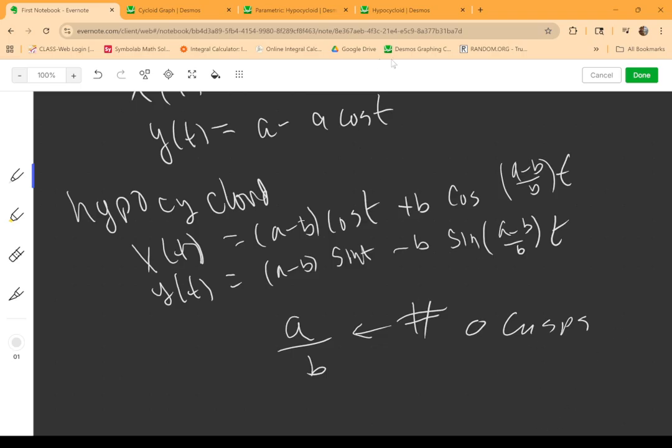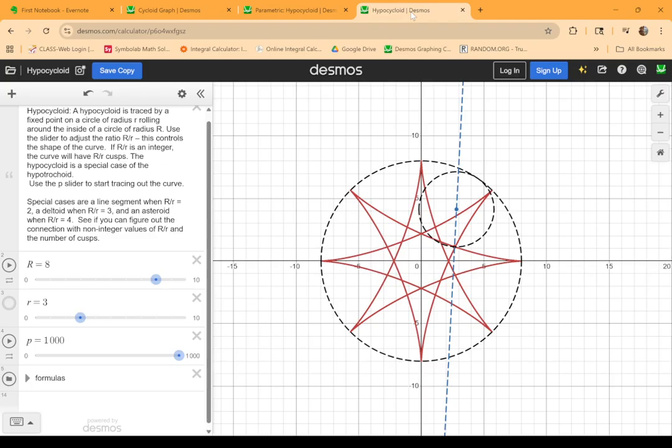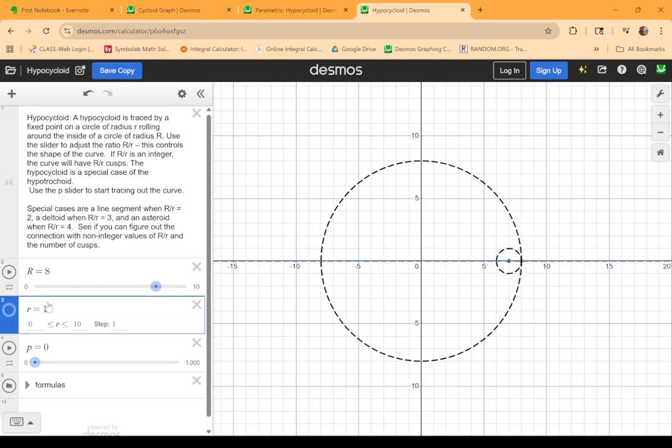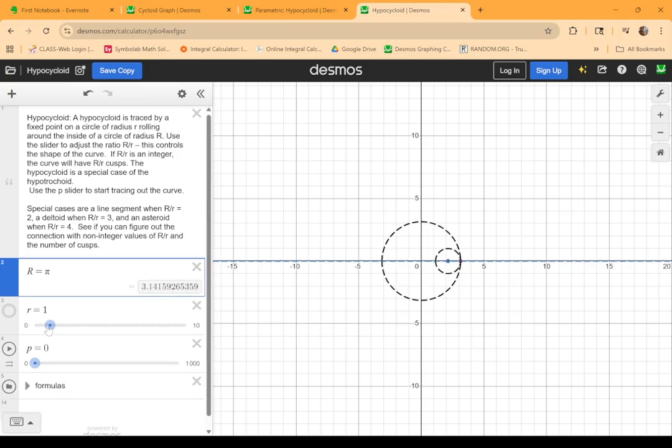Now, one thing that is interesting about these is when the ratio a over b is an irrational number. The previous graph just had us looking at rational numbers, but let's say that it was an irrational number. Let's say pi.